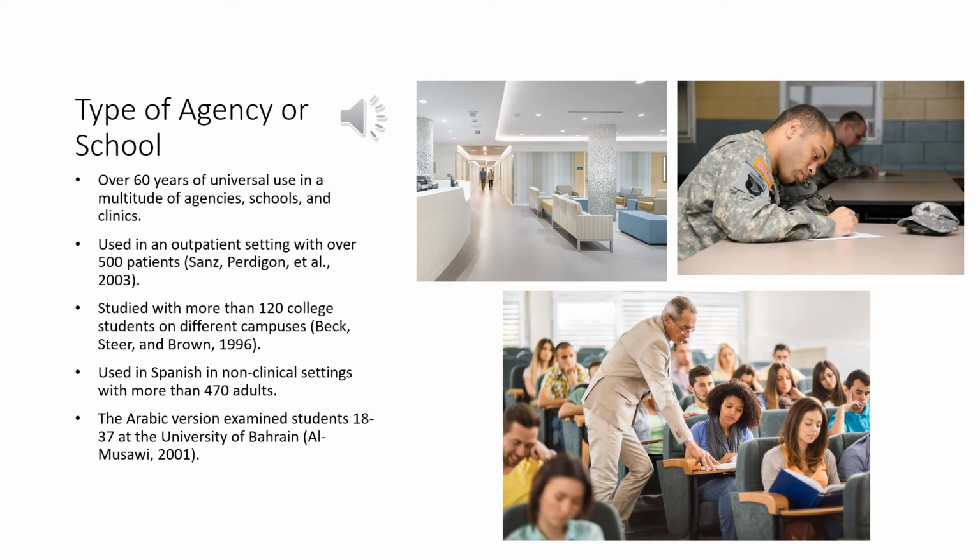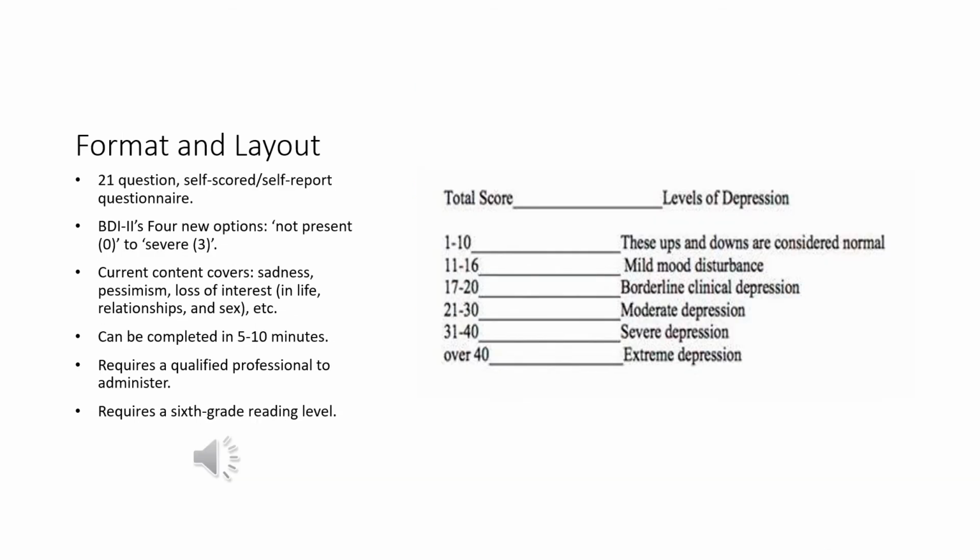The authors suggest that the findings support the BDI-2 in these populations. So that's some of the types of agencies and schools in which the BDI has been used. The original BDI is a 21-item self-scored self-report questionnaire.